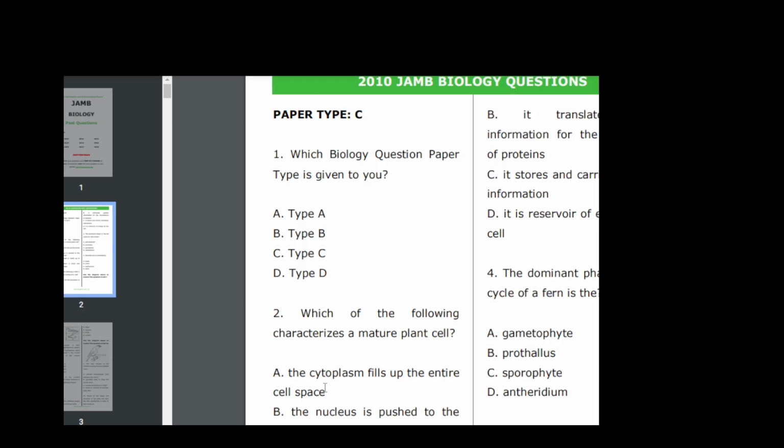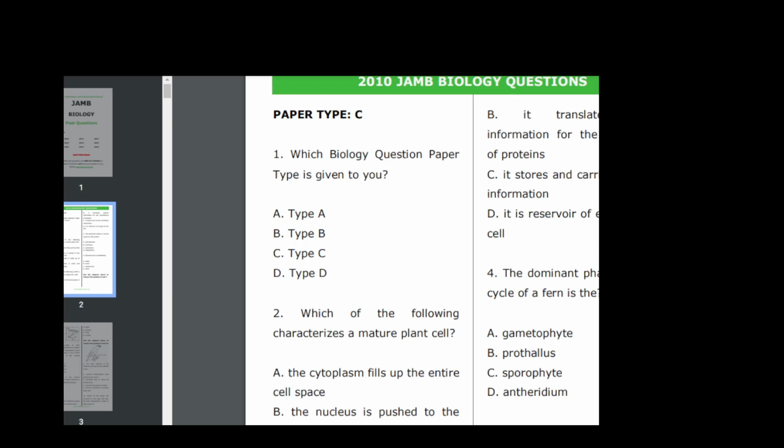All of these inherited traits are embedded or recorded in the DNA sequence. That's the genetic makeup of every organism. So the nucleus also helps to store and carry hereditary information. The only thing that the nucleus does not do here is that it does not serve as a reservoir of energy.